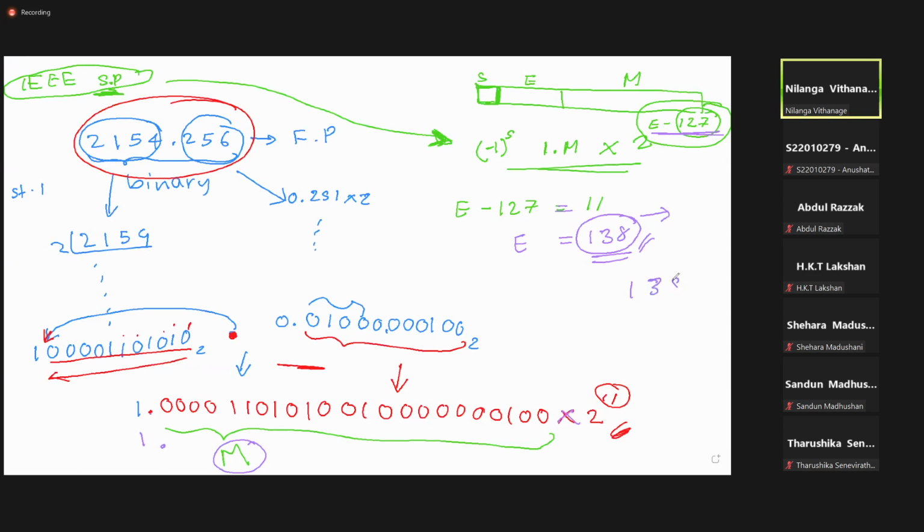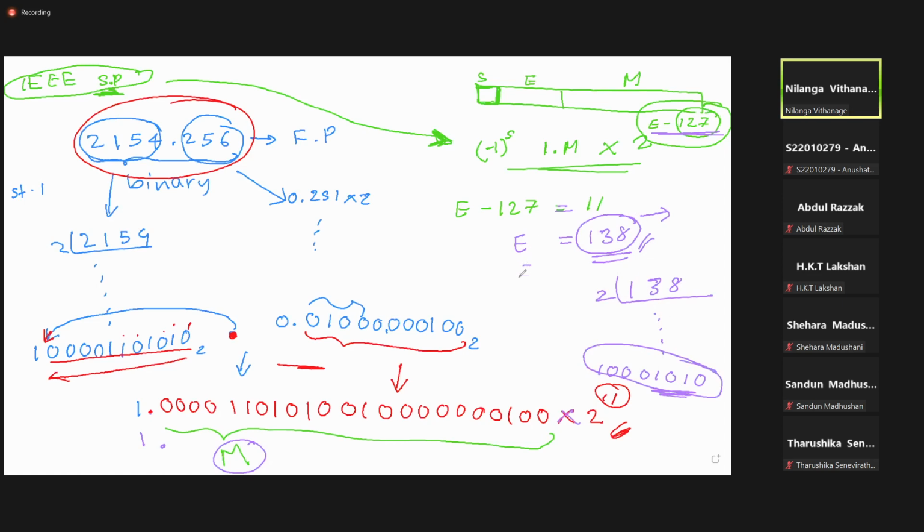Again, on 138, you have to divide by 2, and you can do the division. And I will write down the answer directly: 10001010. After converting this decimal value into binary, this is the binary answer, right?